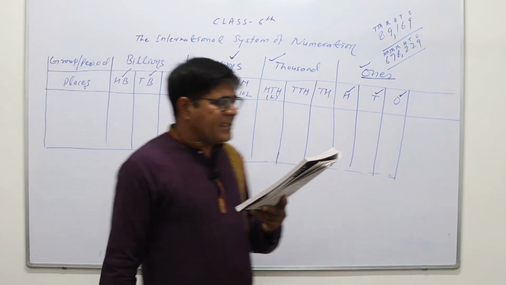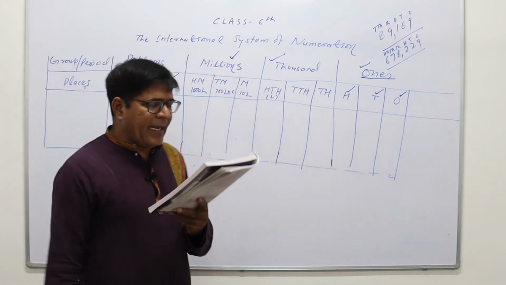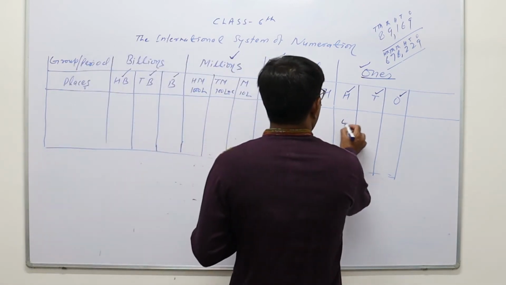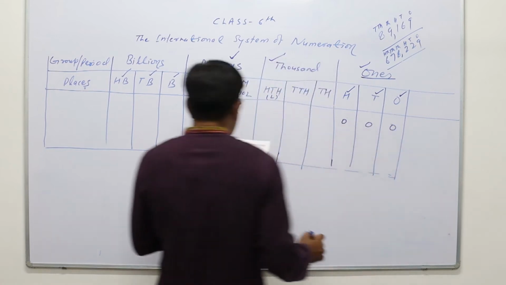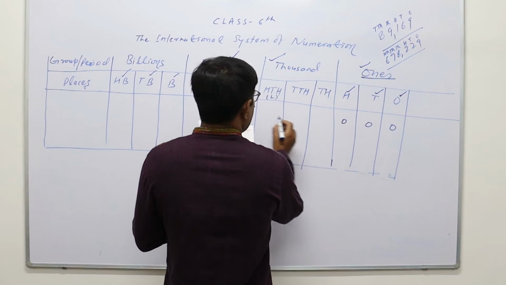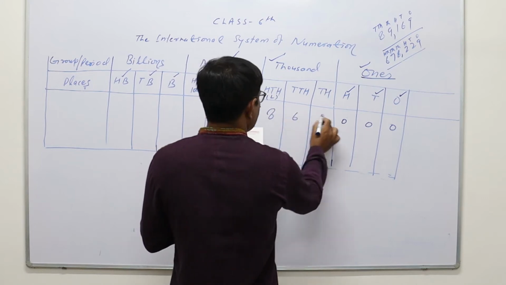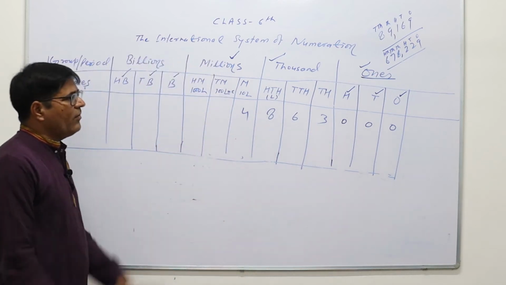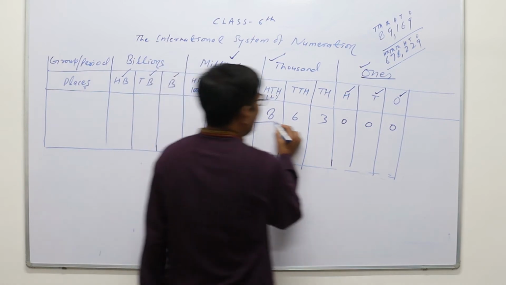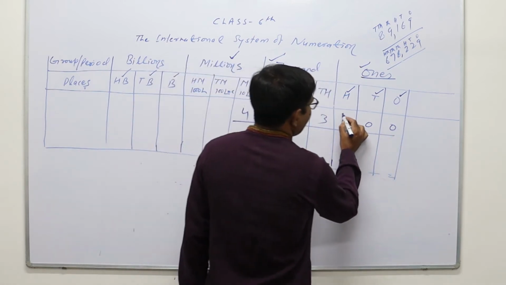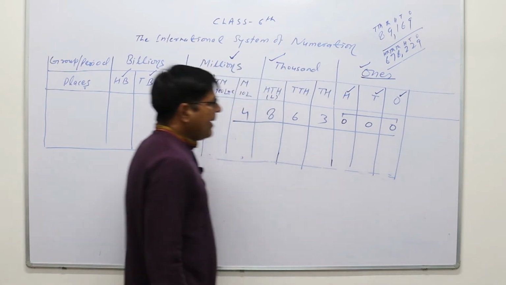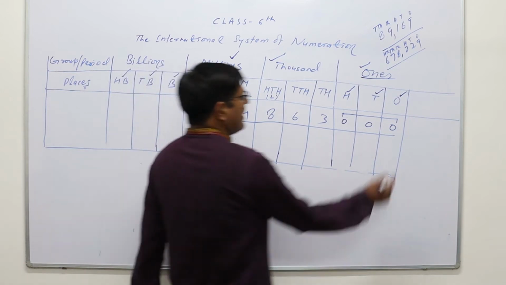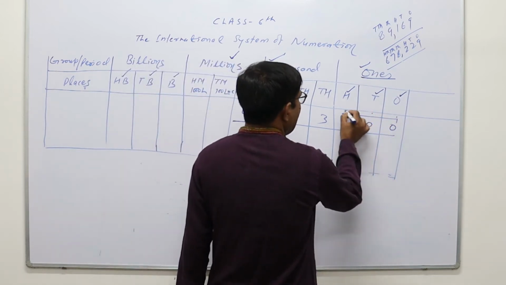The question number first, application part. How would you read each of the following numerals? From the right hand side, the first 3 digits are 0, then the next 3 are 8, 6, 3, and the next one is 4. From the right hand side, first of all, we will see how many groups are there in this given number. The first 3 digits from the right hand side belong to the ones group, so these will be read out as ones, tens and hundreds.